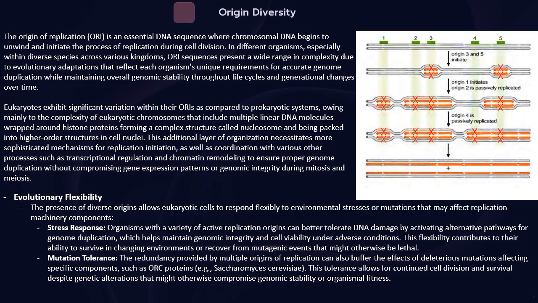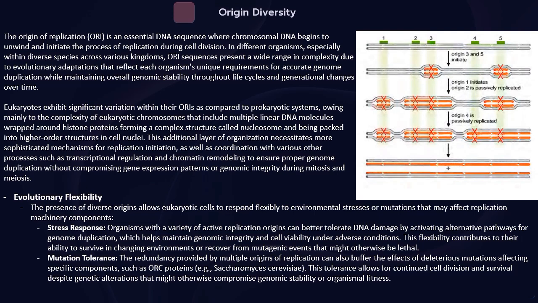There are various complementary proteins in a cell which bind specifically to this ORI region in order to melt the DNA for initiating the process of DNA replication. In the case of prokaryotes, they possess a conserved protein known as DnaA, whereas in eukaryotes, the most conserved protein is ORC, also known as origin recognition complex.